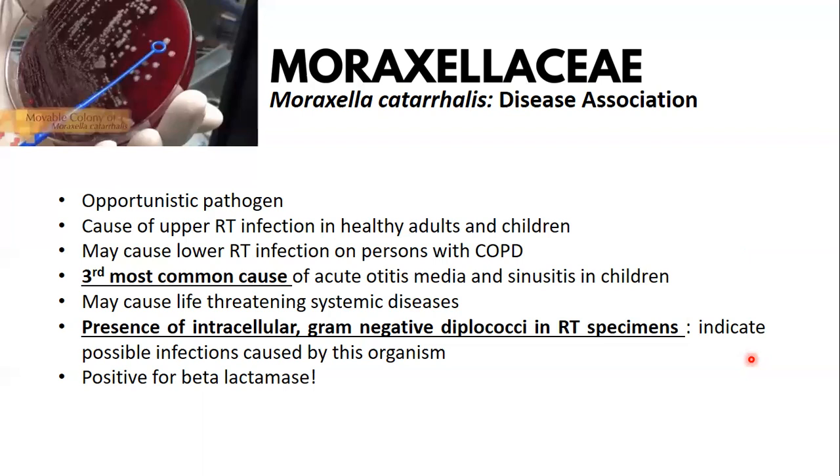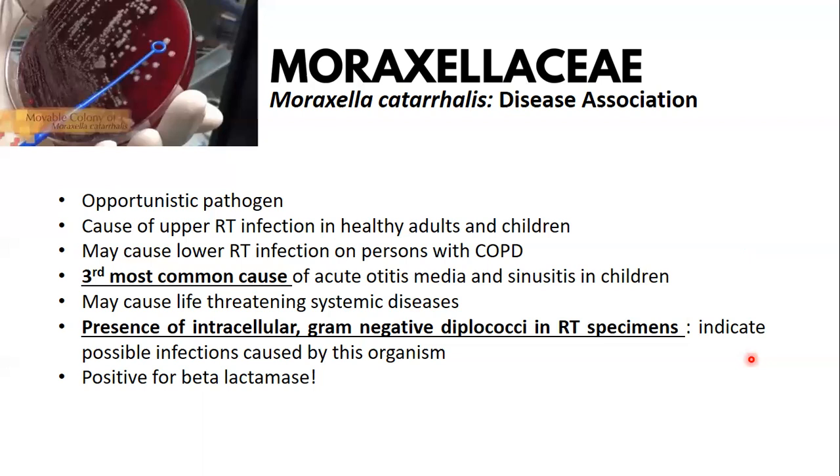This is what I have been talking about earlier, that if you're able to observe the presence of intracellular gram-negative diplococci, although it may suggest the presence of Neisseria, it is just simply presumptive, as many organisms, especially Moraxella catarrhalis, can also be found in respiratory tract specimens having the same morphology and arrangement as that of Neisseria species, which is gram-negative diplococci and intracellular.